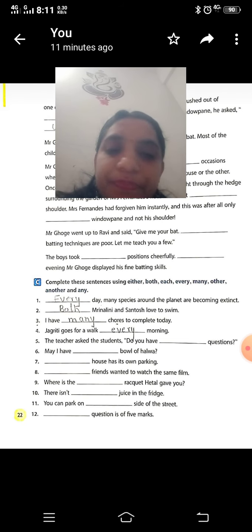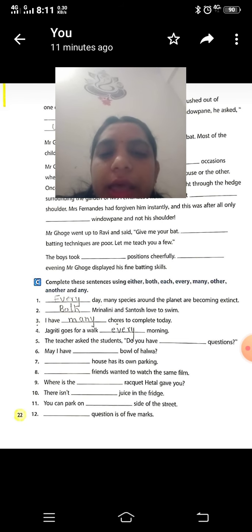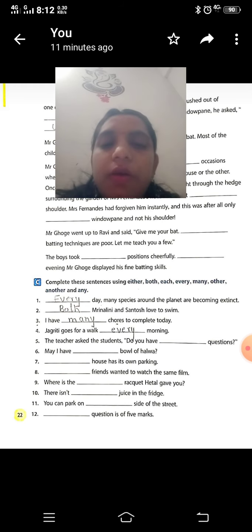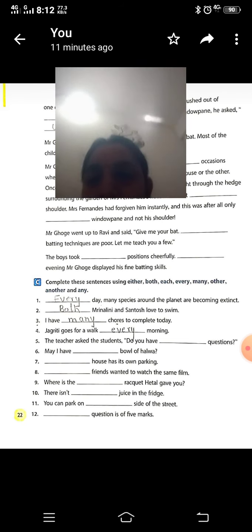Number 7, here you can use every or each. Every house has its own parking. Number 8, both friends wanted to watch the same film. Number 9, where is the other racket? Okay, other racket.